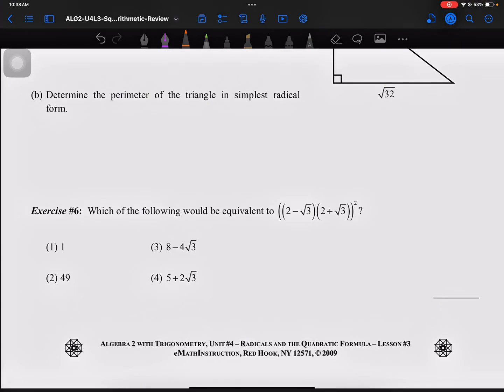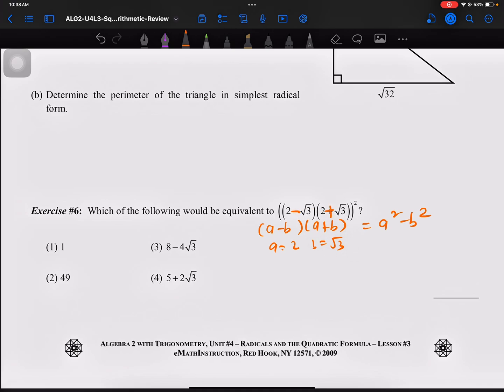Exercise 6. Step 1 is to use the conjugate pattern. So (A − B)(A + B) is equal to A² − B². Okay, so A is 2, B is √3. From here, we have minus and plus, right?